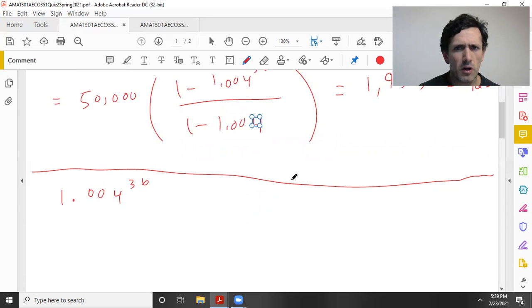So for the machine costs, it's basically the same thing, 1.004 to 36. The cost earns 36 months of interest, as is at the beginning. You get 10% back. So this is 1.05455x.